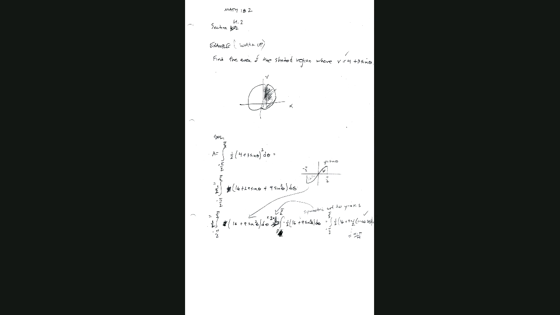And the reason this is helpful is because it's easier to integrate and evaluate the function at theta equals 0 than at theta equals negative pi over 2. Maybe give me a thumbs up, are we all right? Thank you, John. Thank you, Robin. Excellent.